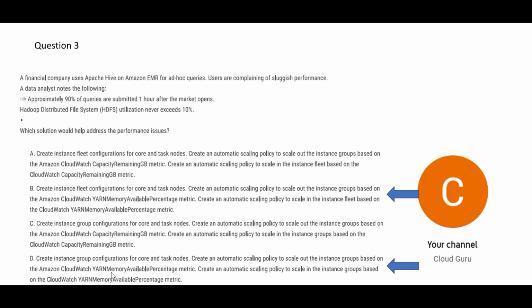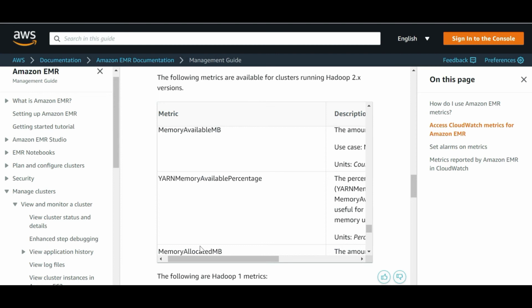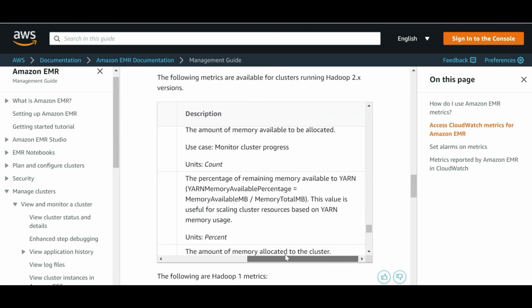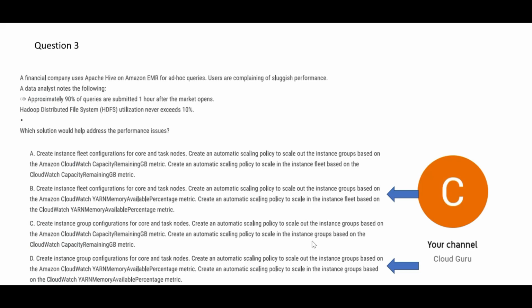Now let us first understand YARN memory available percentage. If you see this documentation, what is YARN memory available percentage? This is the percentage of remaining memory available to YARN, and it is primarily used for scaling cluster resources based on YARN memory usage. So this fits the bill here, because you want to understand what percentage of utilization there is, like for HDFS the utilization is 10%.